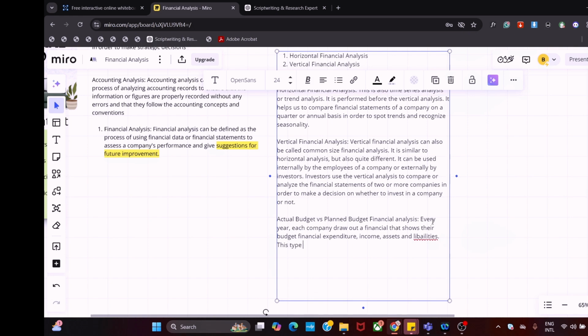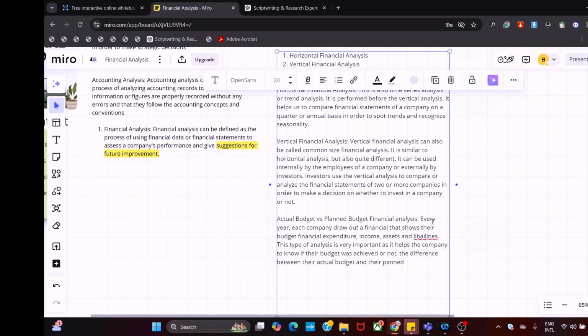This type of analysis is very important as it helps the company to know if their budgets were achieved or not, and the reason for the difference between their actual budgets and their planned budgets.